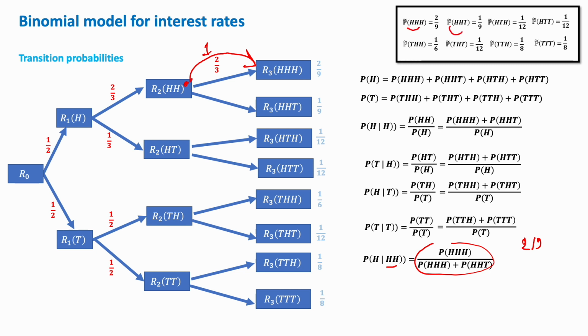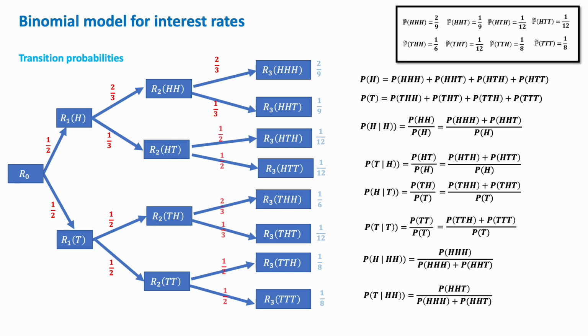This is the case where we have HH, and that's all. So that is 2/9 divided by 2/9 plus 1/9, which is 2/9 divided by 3/9, and that is simply 2/3. And that is where this 2/3 probability is coming from.